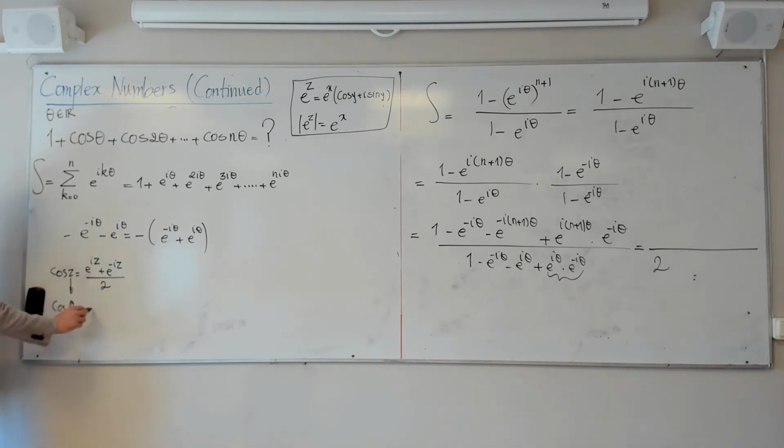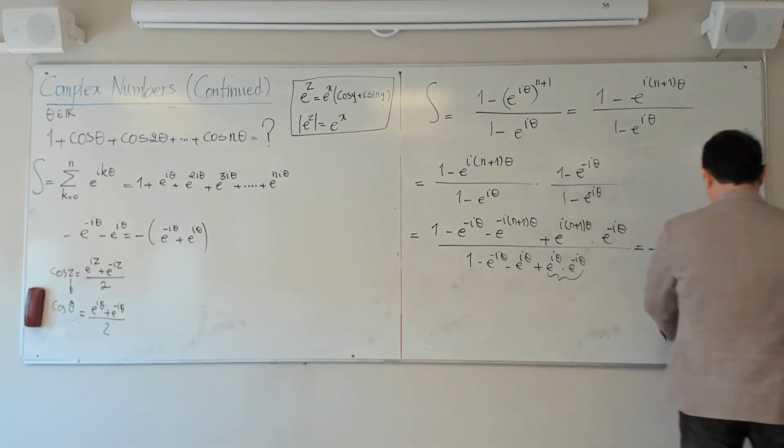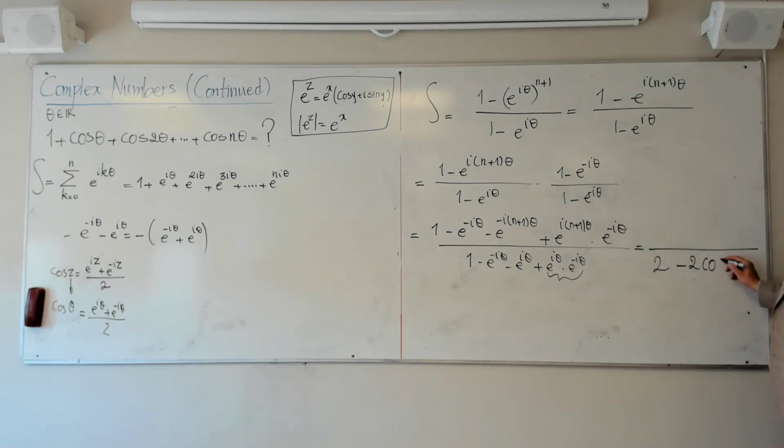So e to the power of i theta plus e to the power minus i theta, which appears here, is 2 times cosine theta. There's a negative sign here as well, so this becomes negative 2 cosine theta.